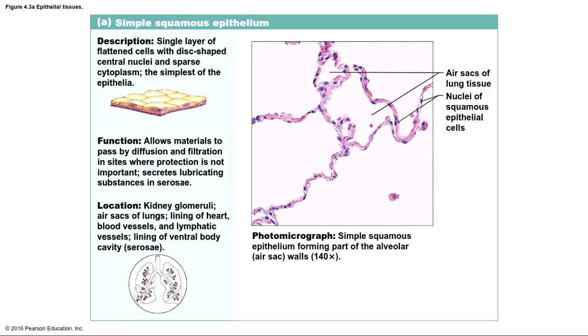Oh, by the way, on the lecture exam, you are not going to be asked to identify any tissues by sight. On the lecture exam, you will not see any pictures and be asked to identify it. That you will have to do for lab. For lecture, you still want to know the structure of all these tissues.